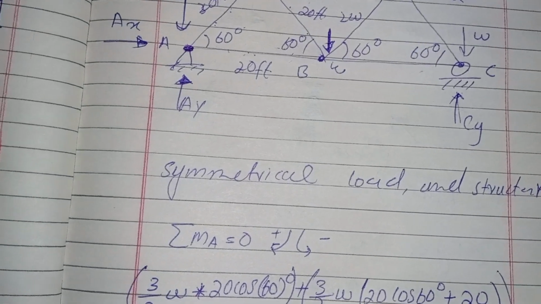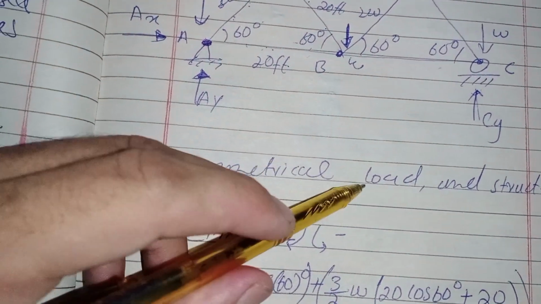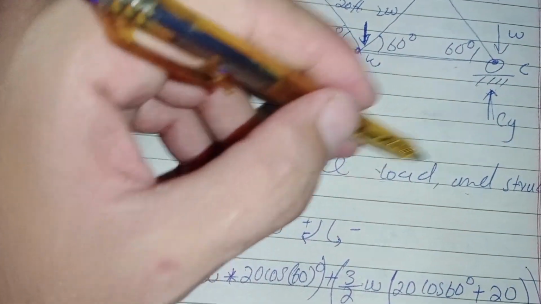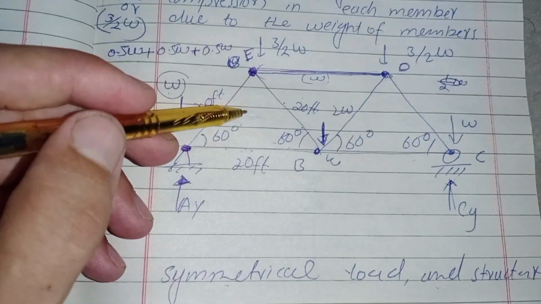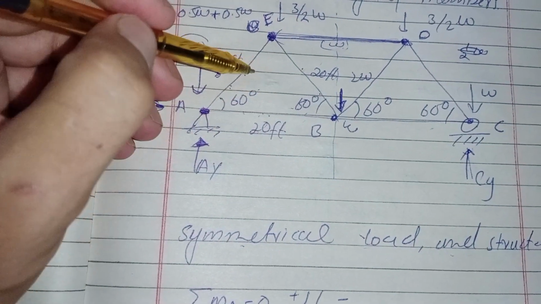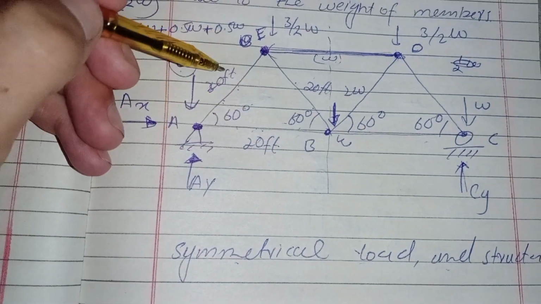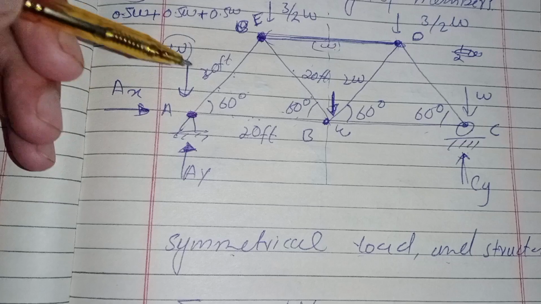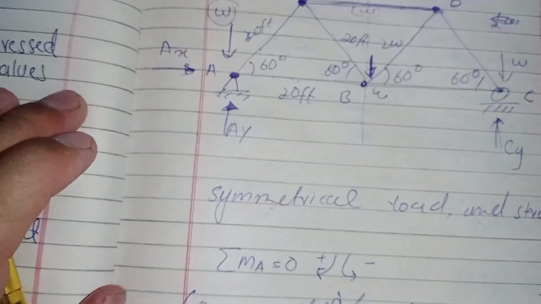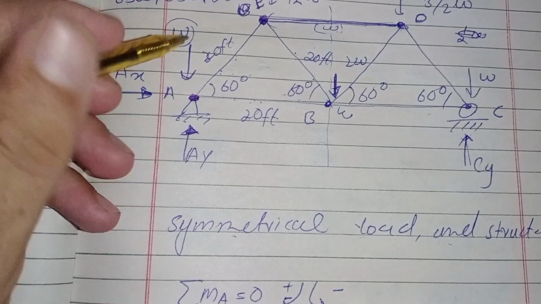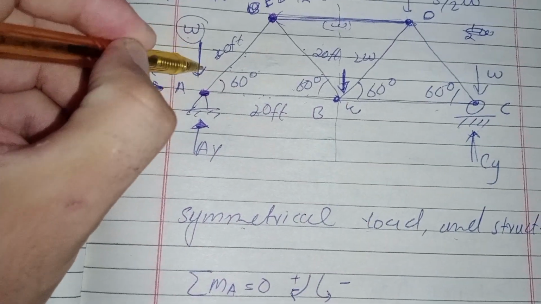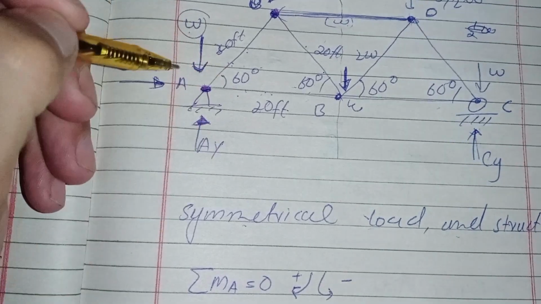Okay, so this structure is symmetrical on the basis of its load and also on the basis of its structure and shape. On both it is symmetrical. Still, there are more than two unknown forces, like this, this, and this.